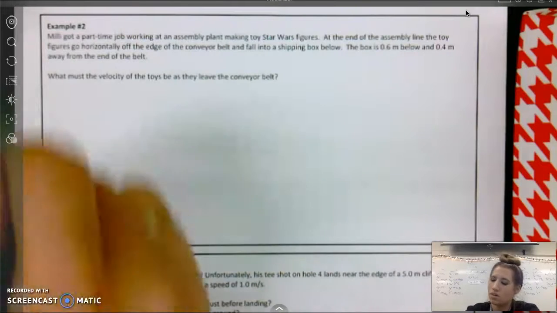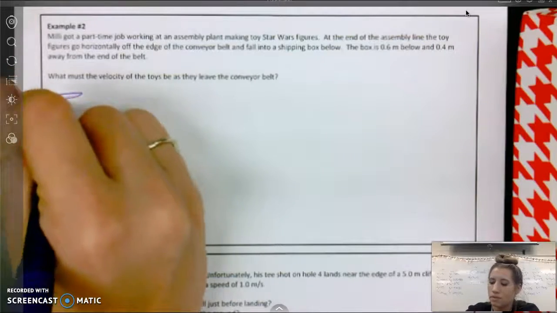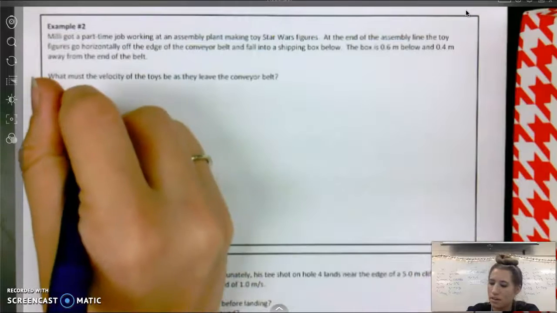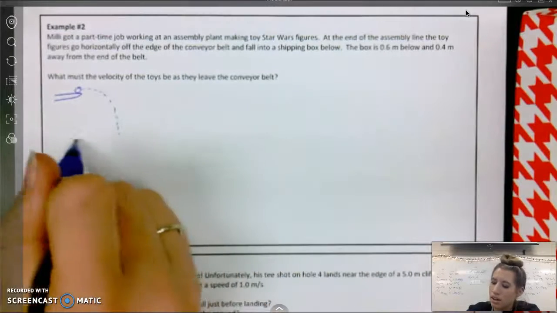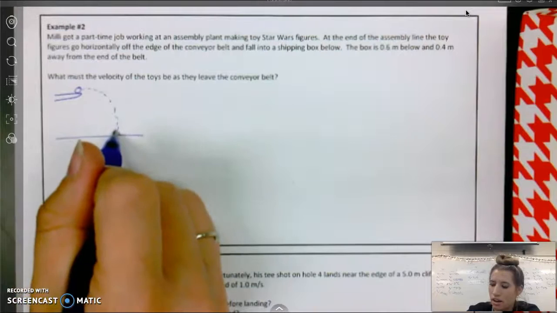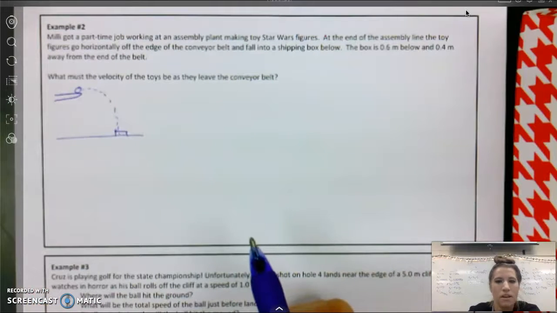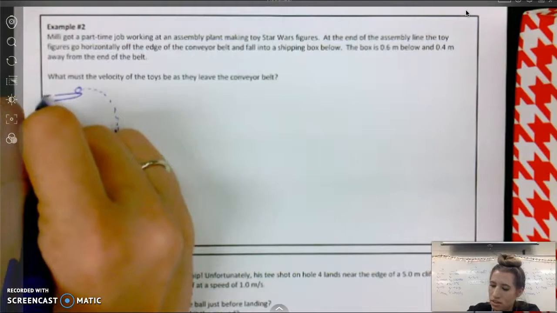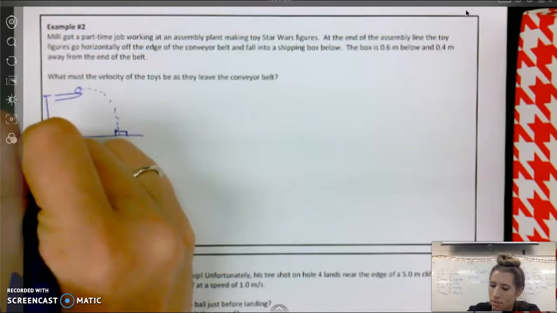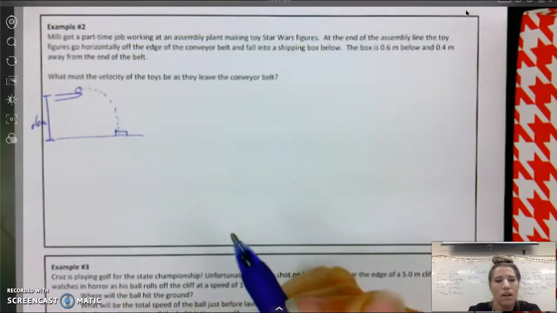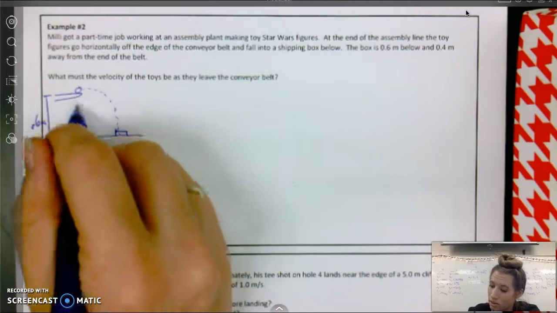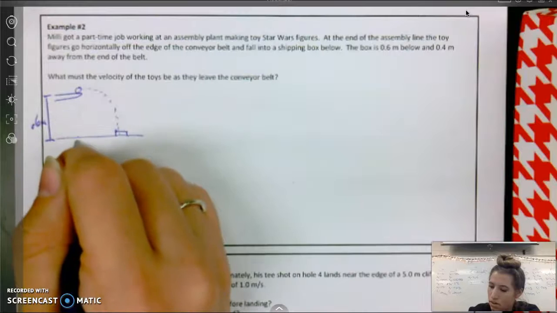Okay, so we have this conveyor belt, right? And we have toys coming off of the conveyor belt. They're going to fall down and land inside a box. Okay, and this box is 0.6 meters below, so that means this distance here is 0.6 meters, and it is 0.4 meters away from the end.